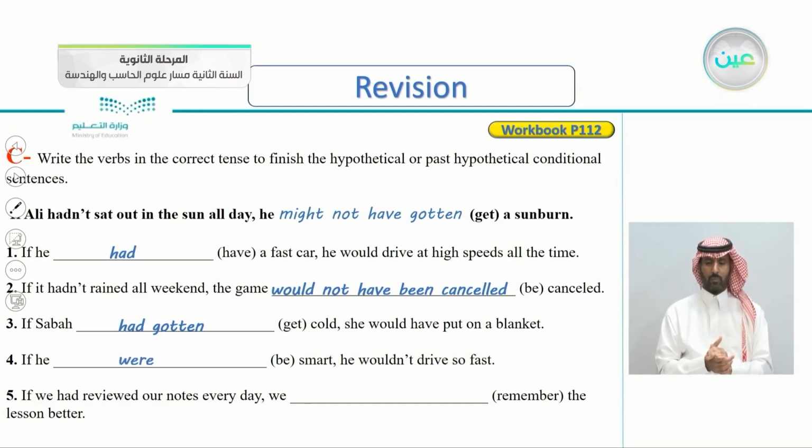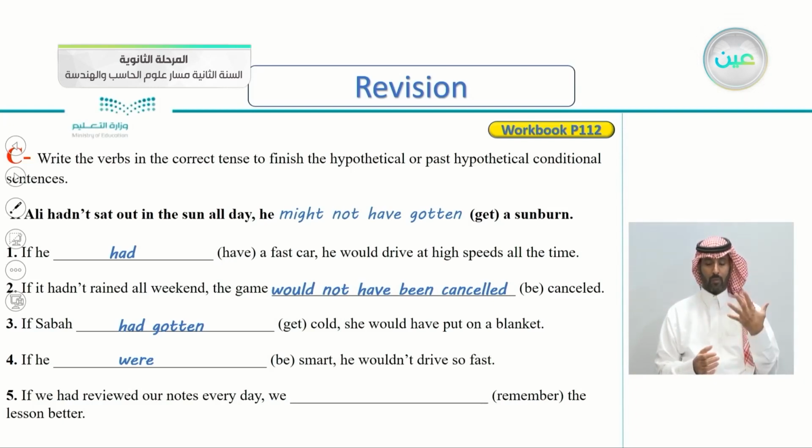If he were smart, we said were because it's in the if clause. If he were smart, he wouldn't drive so fast. Is he smart? No. If he were smart, he wouldn't drive so fast.